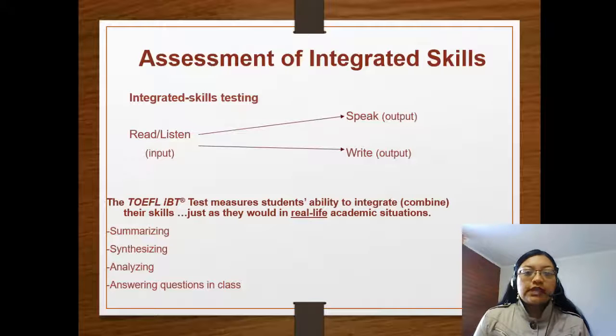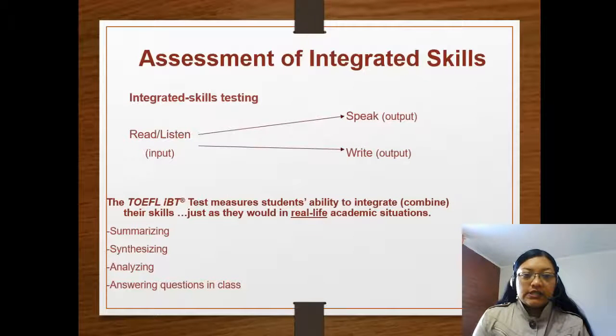In terms of reading and listening, of course, they are independently worked. However, there is a part where they are combined in order for you to produce something regarding speaking and writing, which are the productive skills, right? So that's why here we have speaking and writing as the output, and for reading and listening, the input.